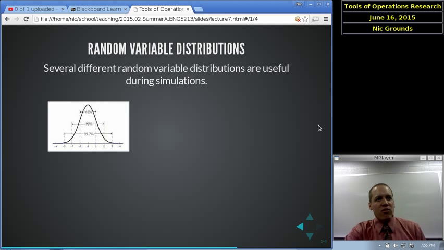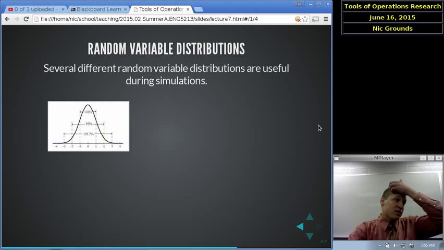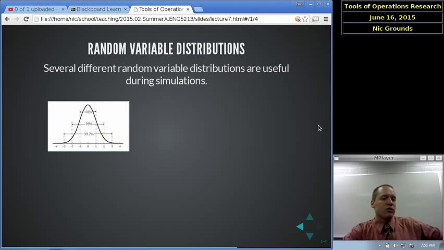It may be outside of that range, a little less likely. It may be 3 times outside that range with very little likelihood. If you had a situation similar to that, the normal distribution is what you're looking at. All right, so that's one kind of distribution.